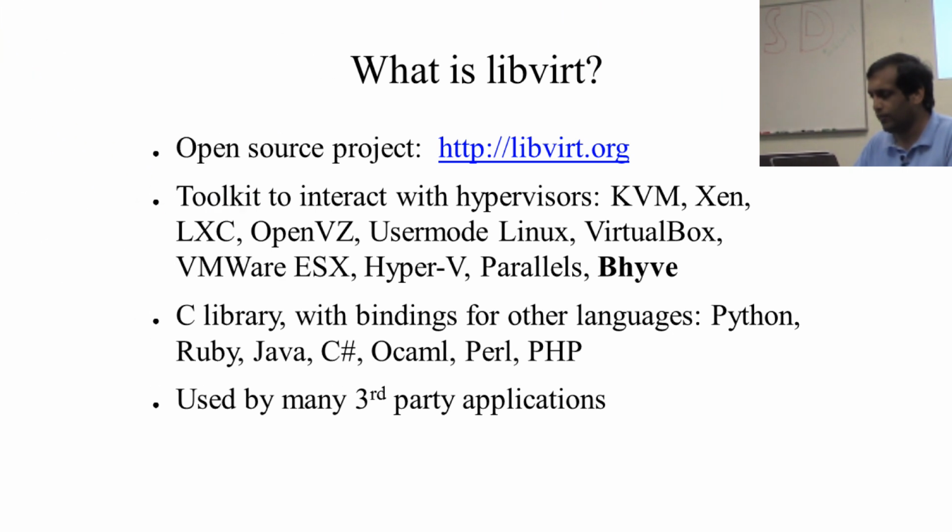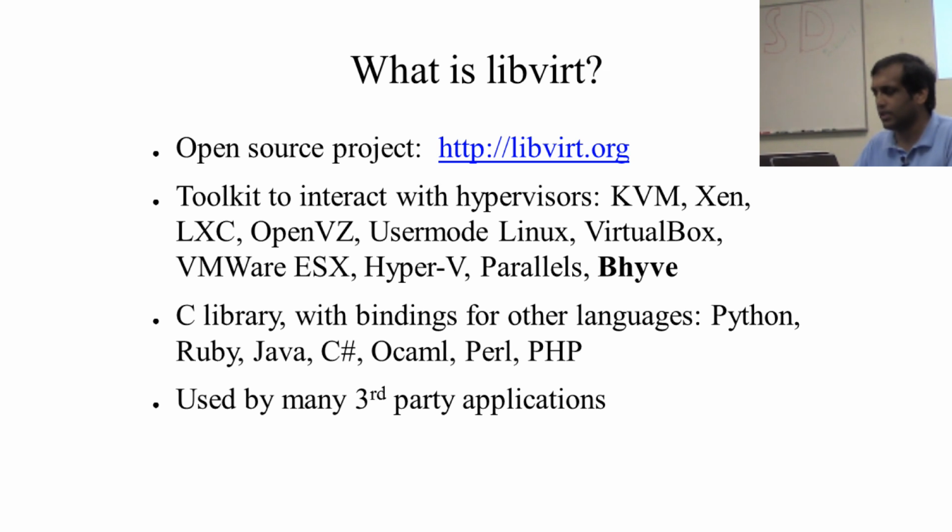So I'll talk about libvirt a little bit. What is it? It's an open source project. You can go to libvirt.org and look at the code, the documentation and so on. It is supported by Red Hat, and it is called a Red Hat emerging technology.